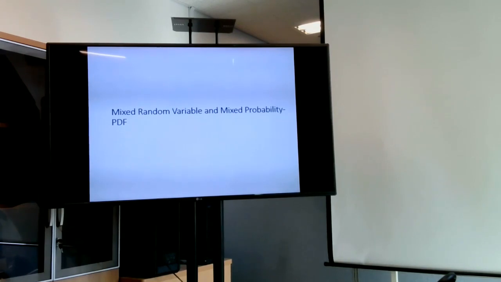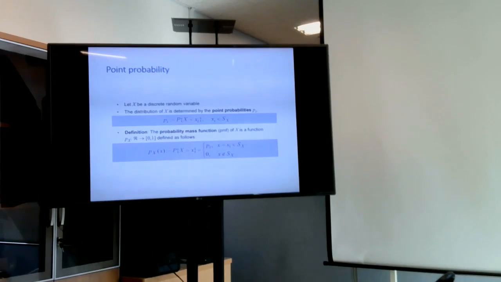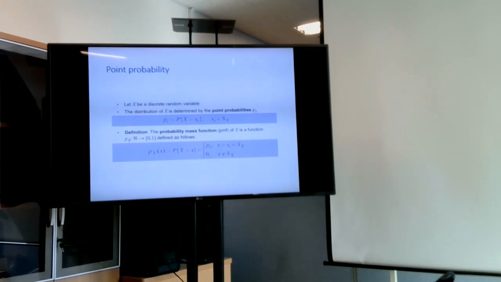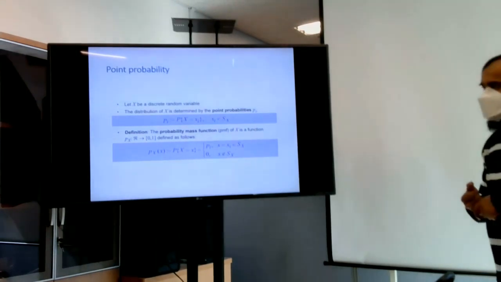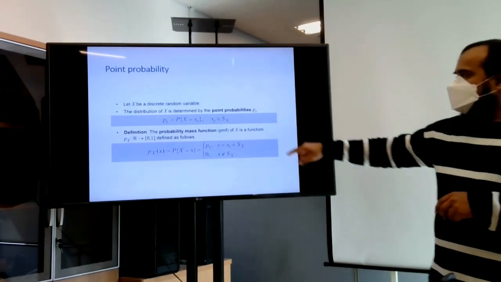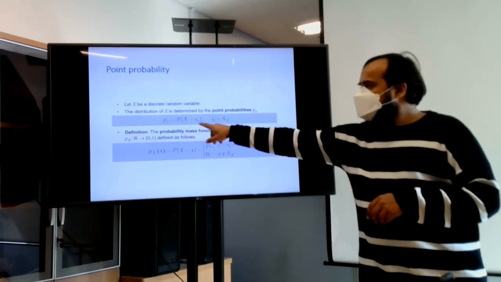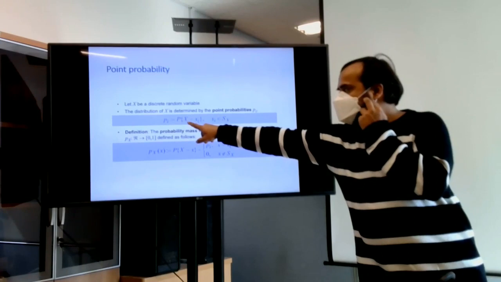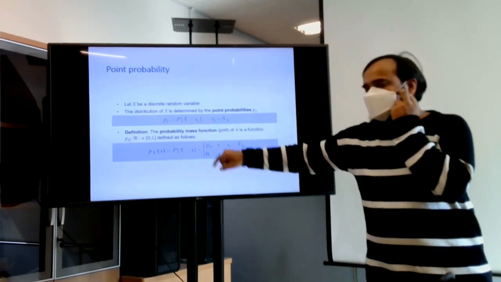Now the next is random and mixed probability PDF. Before this is point probability, meaning every point in a sample space has a probability. Let x be a discrete random variable. Then the distribution of x is determined by the point probability pi. Pi is the point probability, equal to P of x equals xi.